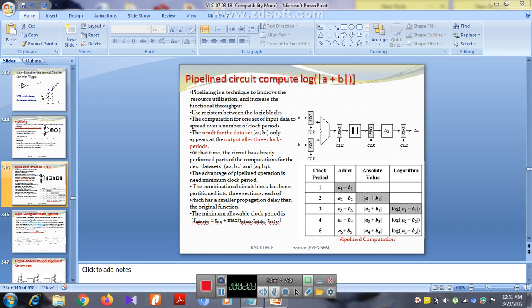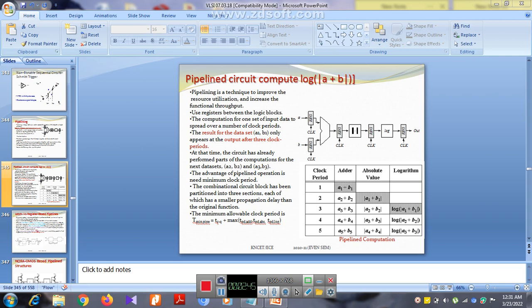The minimum allowable clock period T min is equal to T C minus Q, the propagation delay we have discussed, plus max of T PD add, T PD ABS, T PD log.